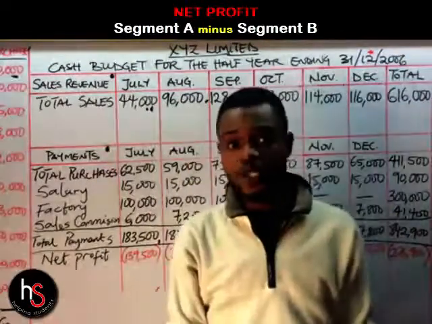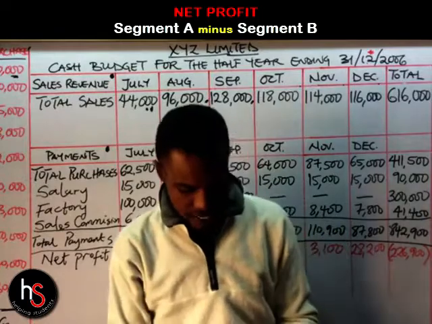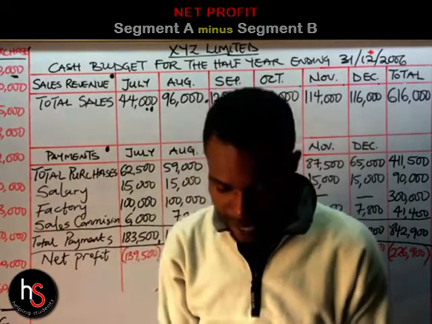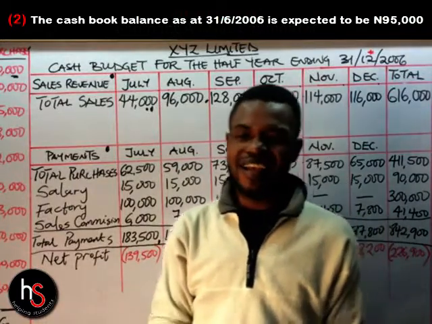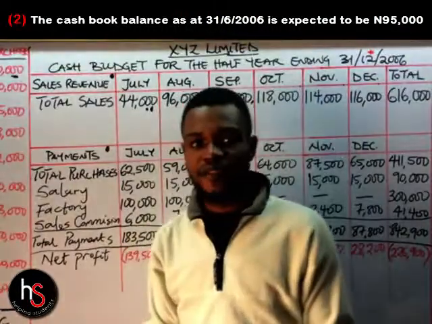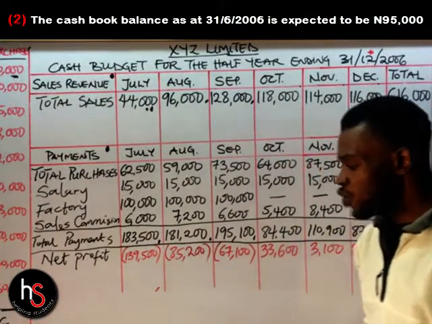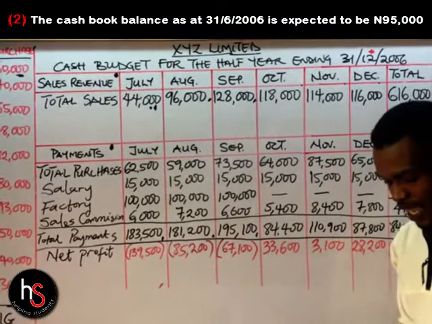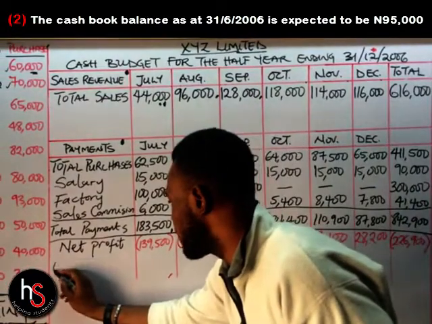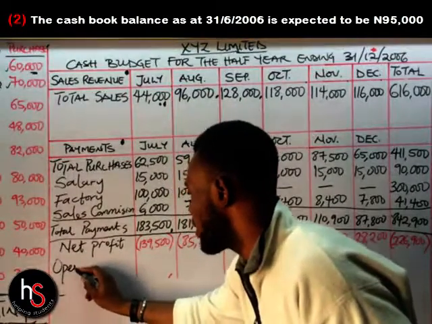Remember, question number 2. Let us go back to the question. It says the cash book balance as at 31st of June 2006 is expected to be 95,000. So what we do is this. We now consider that value. We have the opening balance.